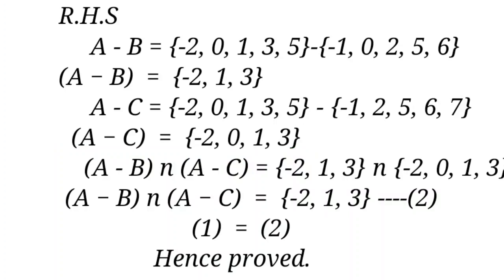Then A minus B intersection A minus C is equal to {-2, 1, 3} intersection {-2, 0, 1, 3}. Common elements of A minus B and A minus C are -2, 1 and 3. Therefore A minus B intersection A minus C is equal to {-2, 1, 3}. That is equation number 2.